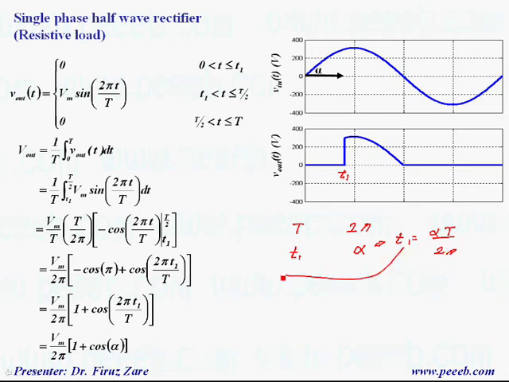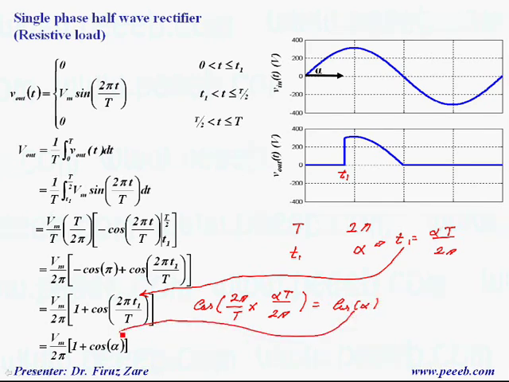If you put this in this equation, cosine of 2 pi over T times t1, which is alpha T over 2 pi, this equals cosine alpha. So here we can define another equation, which is almost the same based on a different variable. By changing alpha or by changing t1, we can change the output voltage.